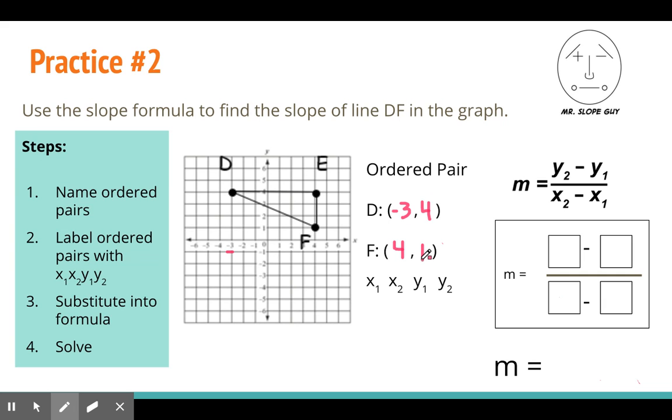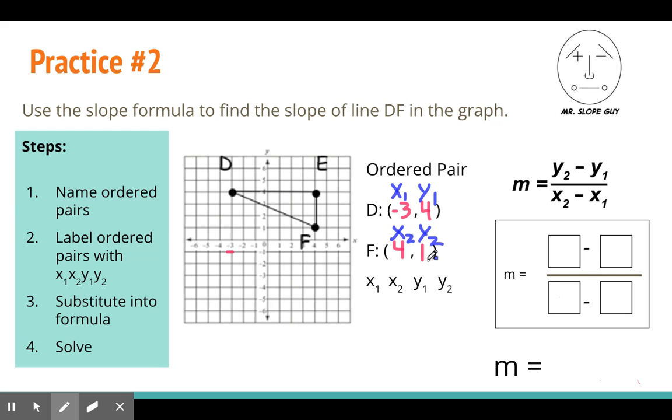So here, if I plug in my slope formula, I need to label my points. So label my x1, my y1, and again, it doesn't matter which one you label x1 and y1 as long as you follow the formula. x2, y2. So these are your x's and these are your y's. You just give them a number.